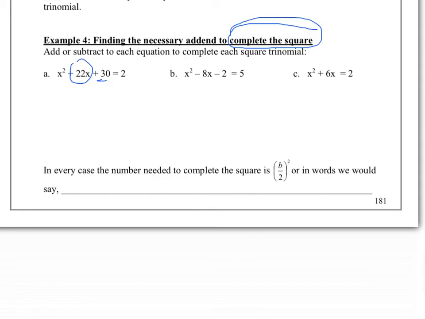That's the letter B because it goes A, B, C. We take B and divide it in half, and then we square it. That's the number that we need to get to. Here in part B, I have 22. 22 divided by 2 is 11, and 11 squared is equal to 121.